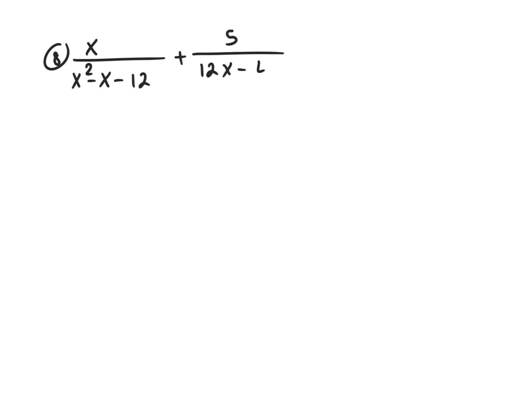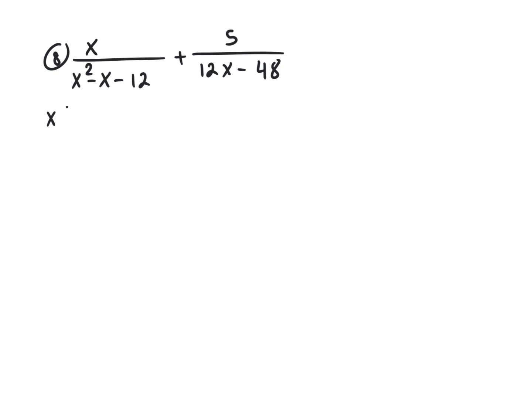All right, so on this new slide, I'm going to write in question number 8. I'm going to copy it from the last page so we have it as x squared minus x minus 12 plus 5 over 12x minus 48. Now I'm going to go ahead and cross multiply like we've been doing.